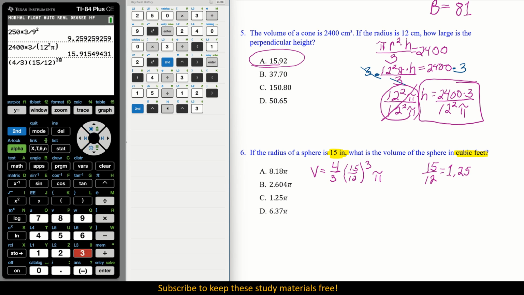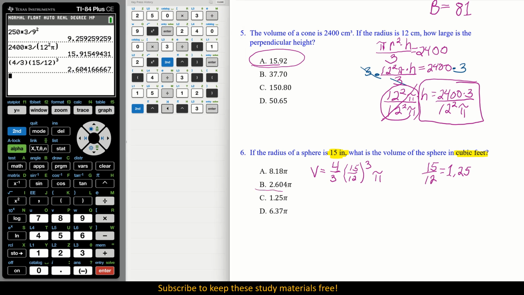All right, let's double check. We don't want pi, because pi is hanging on the end since everything's in terms of pi. So now we have what we want for the coefficient part. Push enter. Yes, that is correct, with some rounding, of course. That is option B. That's the last question for this video.